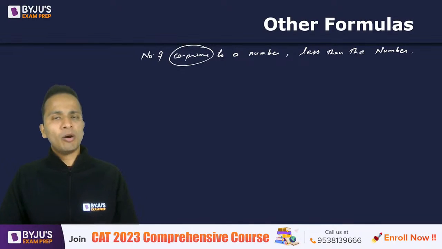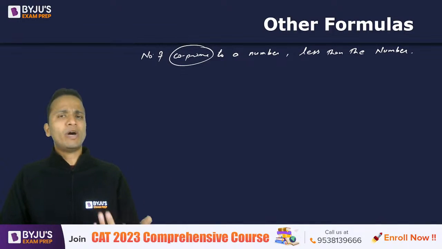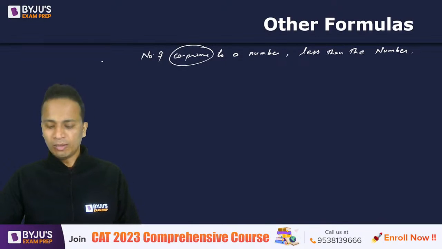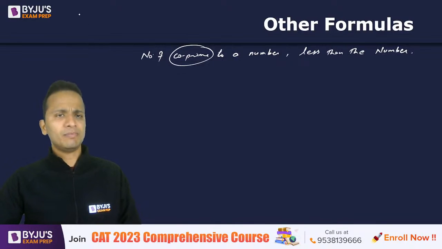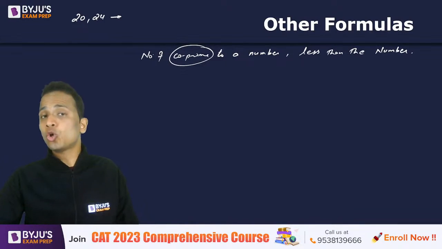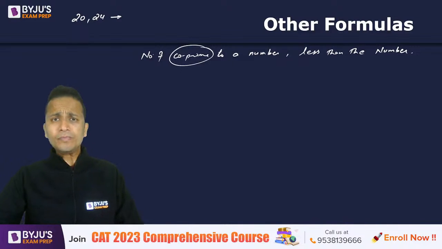So one is the common factor of everyone, I told you in the last class in LCM HCF. So one will be the common factor of every two numbers. Two numbers are coprime if they don't have any common factor except one. For example, 20 and 24. Now 20 and 24 are not coprime with respect to each other because there is a common factor of 4.